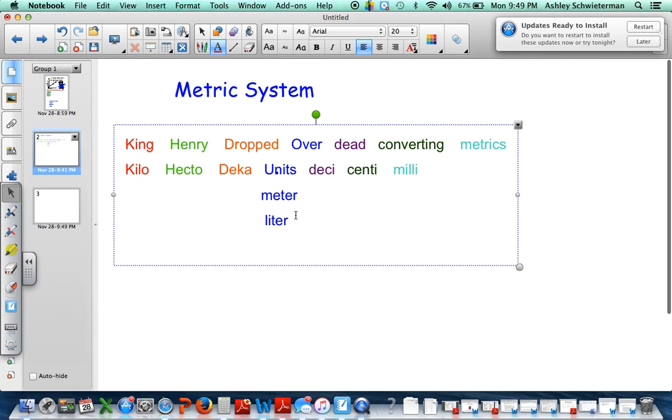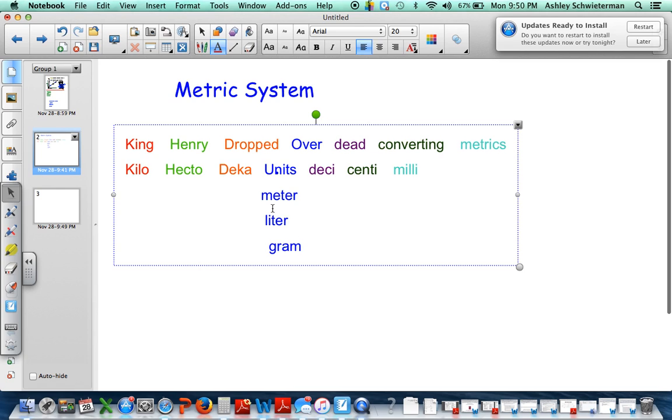And so then for your prefixes, they would just go in front of those. So for meter, we have kilometer, hectometer, decameter, decimeter, centimeter, millimeter. So you have all of these plus the meter.